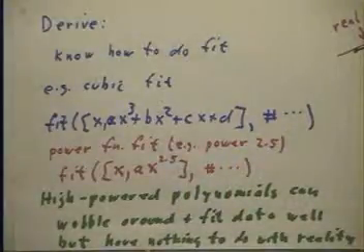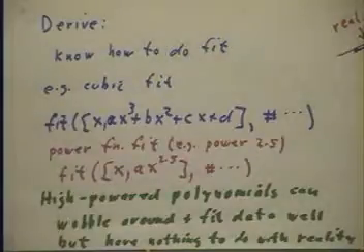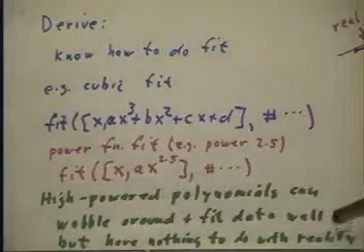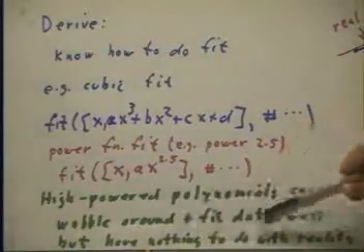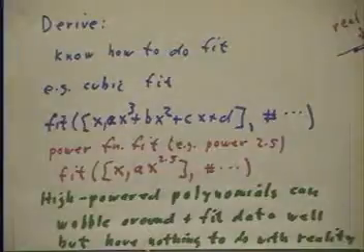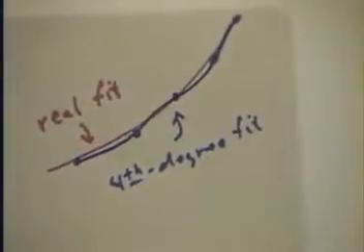Something you need to be aware of is that if you have a set of data with some errors in observation, if you use a high enough powered polynomial, it can wobble around and hit every point, but that doesn't mean that it's a good fit. For example, we might have data that looks something like the 5 dots here.